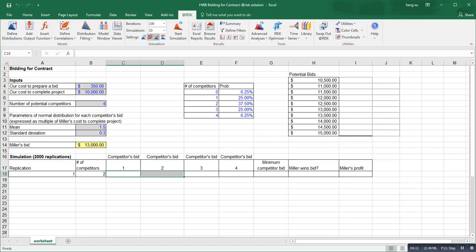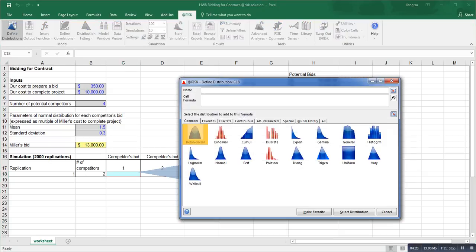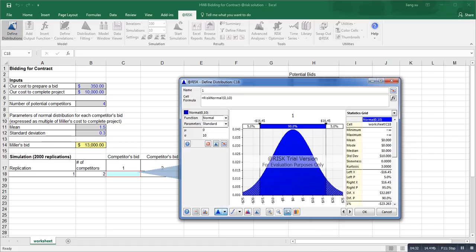To do that, let's first write down the amount of bid they would place for the first 2. Let's define the distribution. We know the amount they are going to bid is a normal distribution multiplied by the cost.